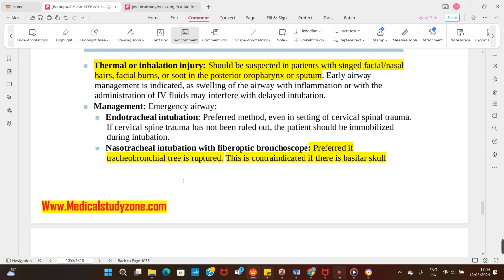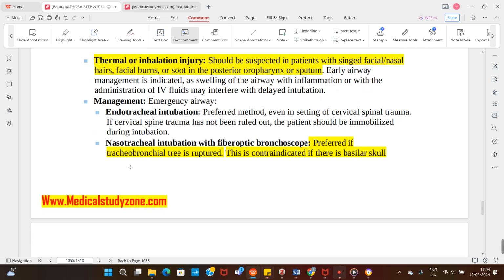But in some situations, like when there's a rupture of the tracheobronchial tree, you might not want to do your endotracheal intubation. The approach you might want to do is nasotracheal intubation with a fiber optic bronchoscope, because in this condition, you know that the airway is going to be very difficult because it has ruptured.